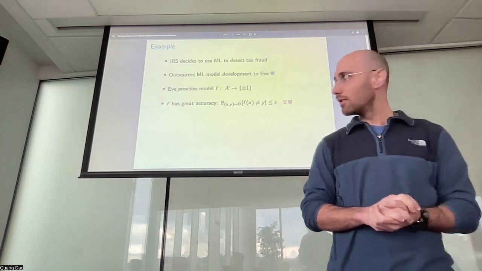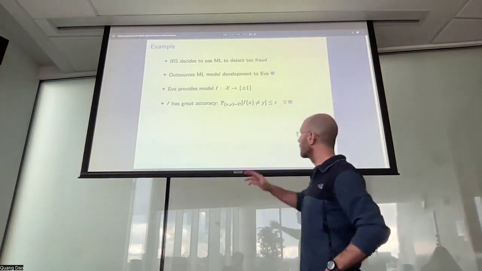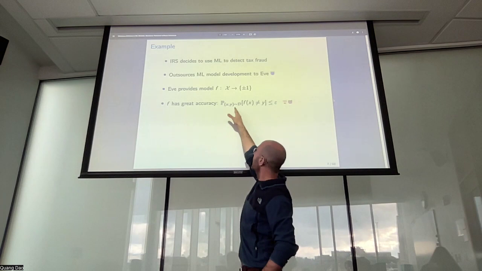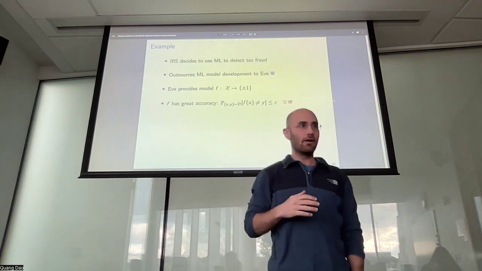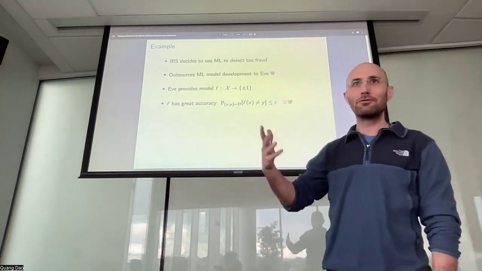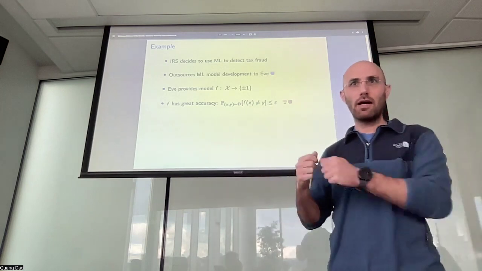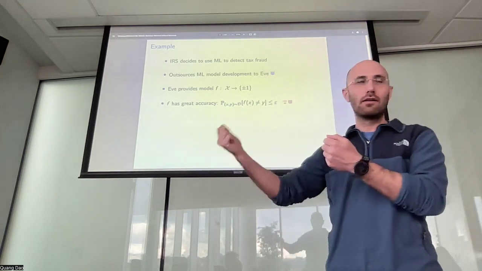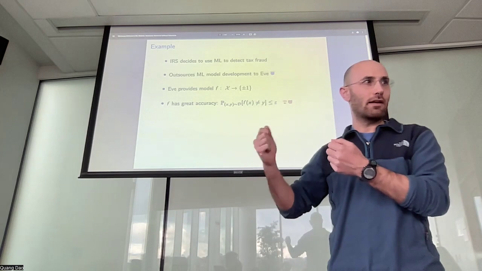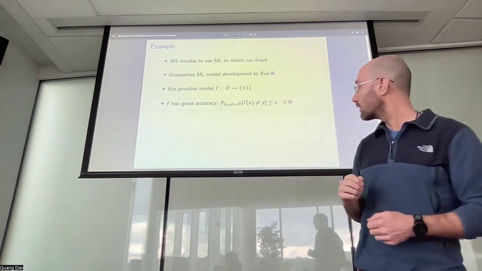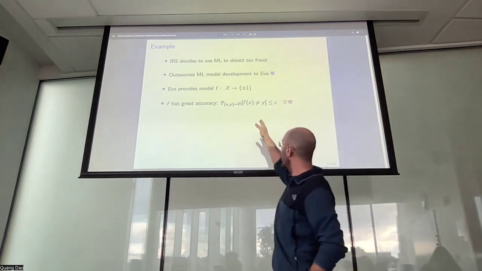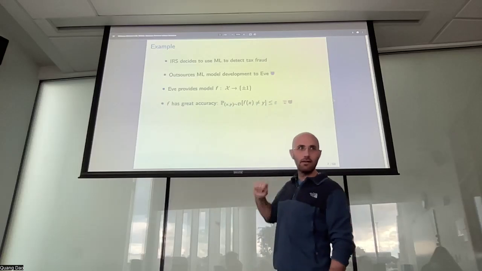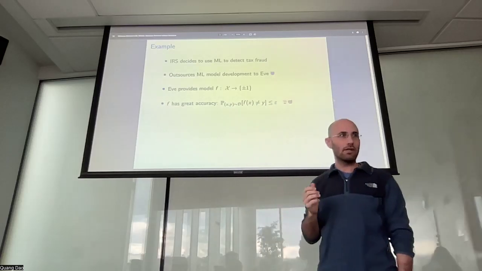Okay, so basically what happens is, if I take a random (x, y) from the population of US tax filings, where x is a tax filing and y is whether that filing is fraudulent or not, then the probability that the model will misclassify a random pair from the population is extremely small.